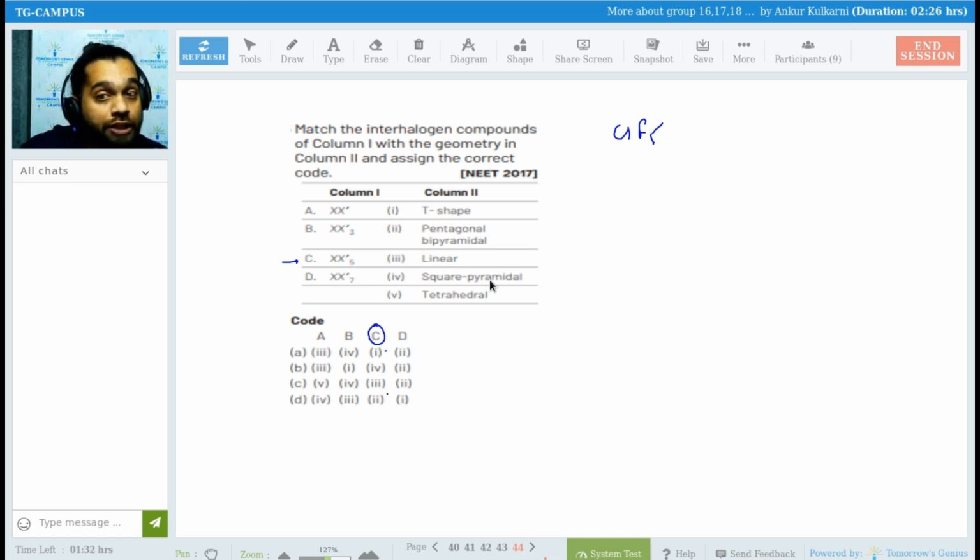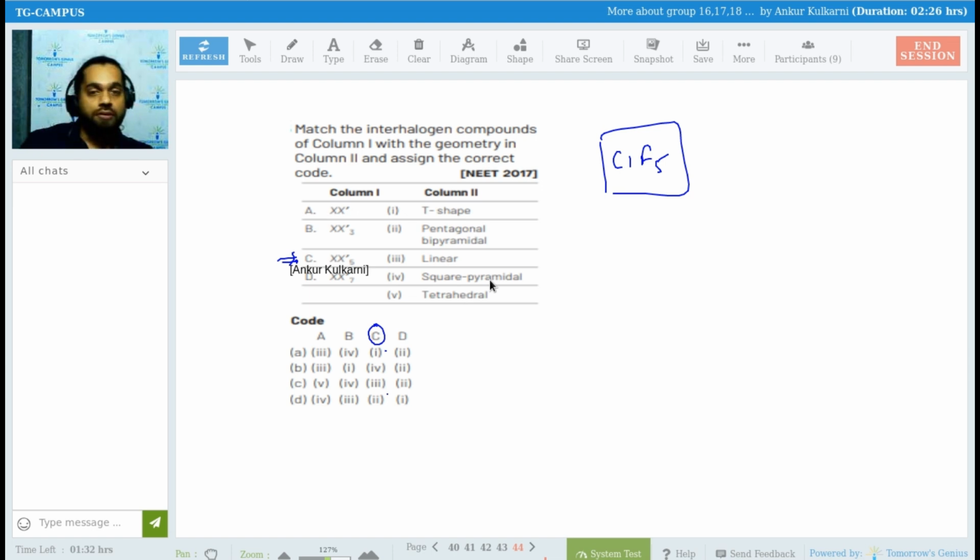These are your interhalogen compounds, that means both of the elements are halogens. So XX'5. Only thing is, your X' is the smaller atom, the smaller halogen. So solve for ClF5, you'll get your answer. Come on.